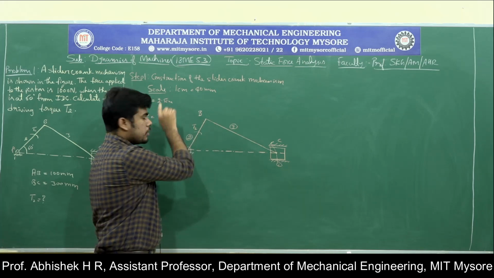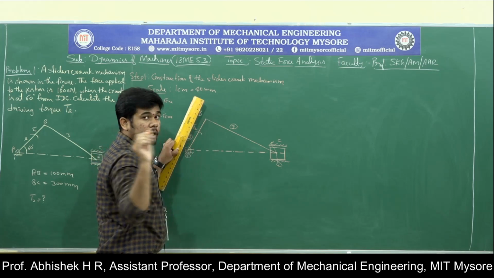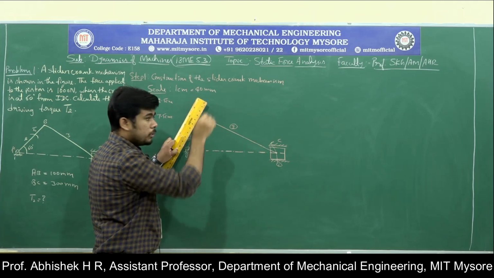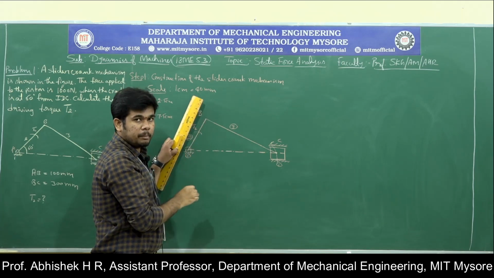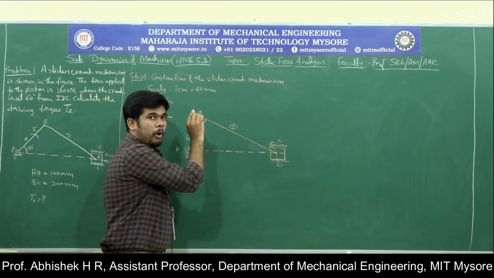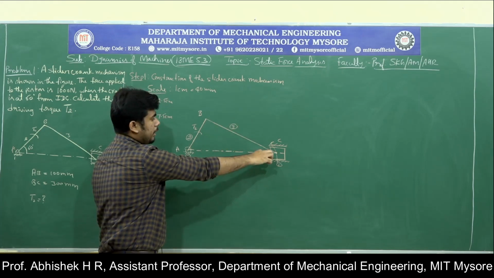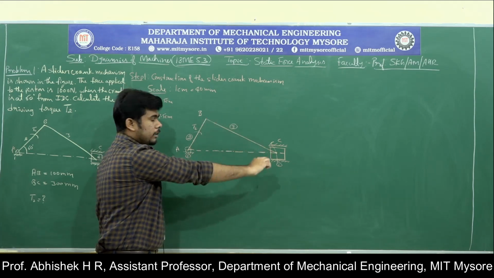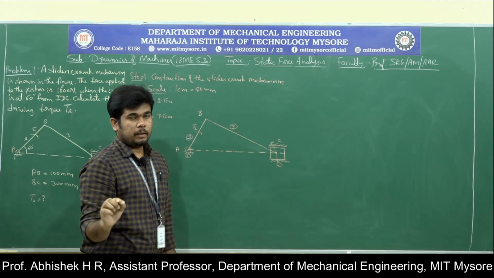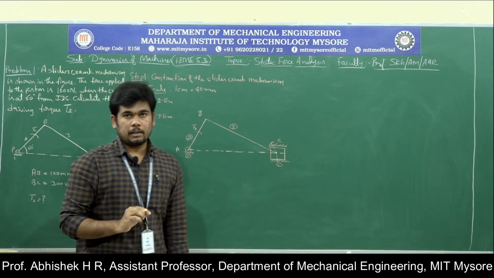Then draw a straight line of 2.5 centimeter from the marked point. Then put your compass on point B and cut an arc with respect to the straight line and you will get a meeting point. Connect that line, that is BC, and this completes the construction of the slider crank mechanism.